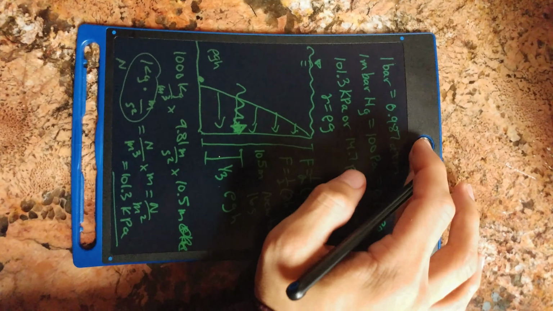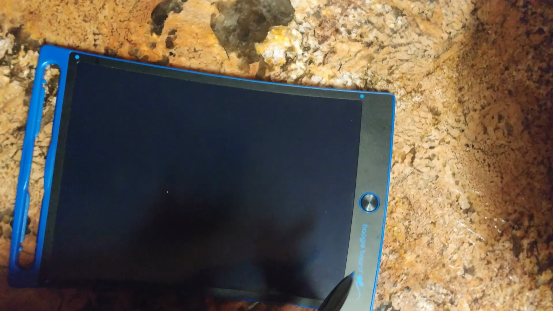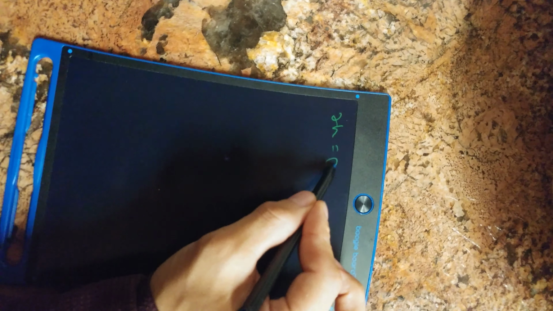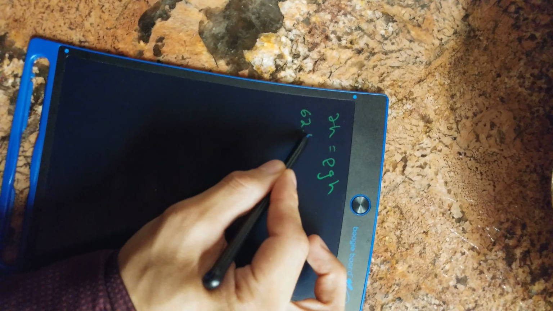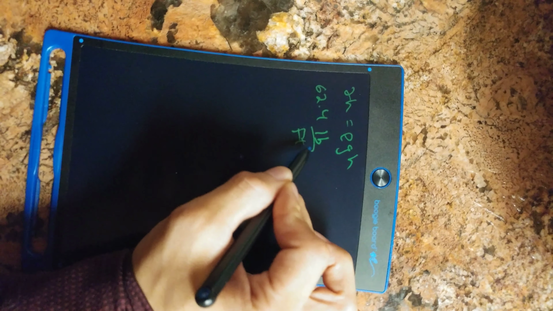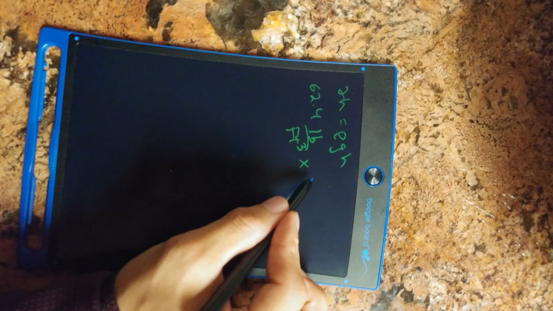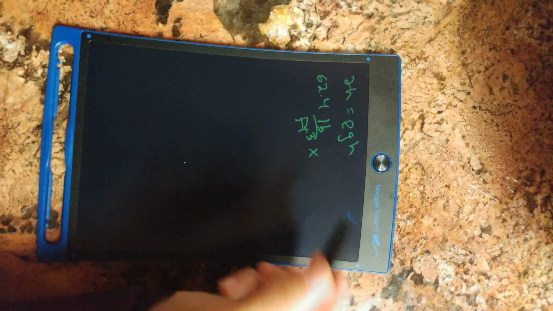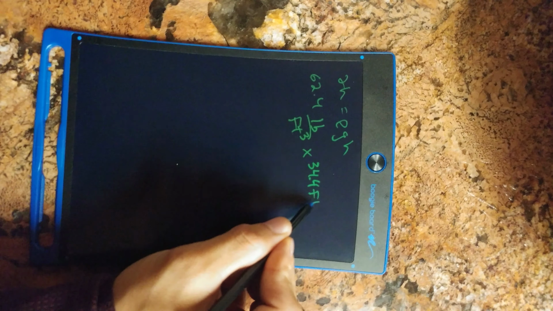Let's do this in US units. In US units, we're just going to use gamma. Gamma H is the pressure, the same thing as rho GH. So gamma water is 62.4 pounds per cubic foot times the height, well, 10.5 meters is about 34.4 feet.